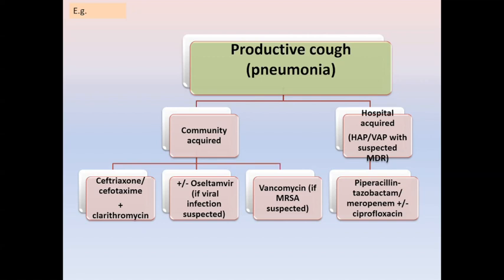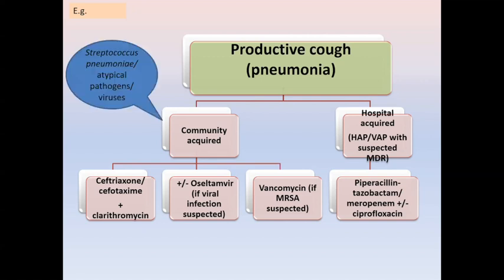In community acquired pneumonia, what we cover is Strep pneumoniae, atypical pathogens, and viruses. But in hospital-acquired, we have to consider the hospital pathogens, which could be any, like coliforms, Pseudomonas, or Acinetobacter. So we have to consider local antibiograms as well as whatever previous cultures are available to guide us to start the correct treatment.